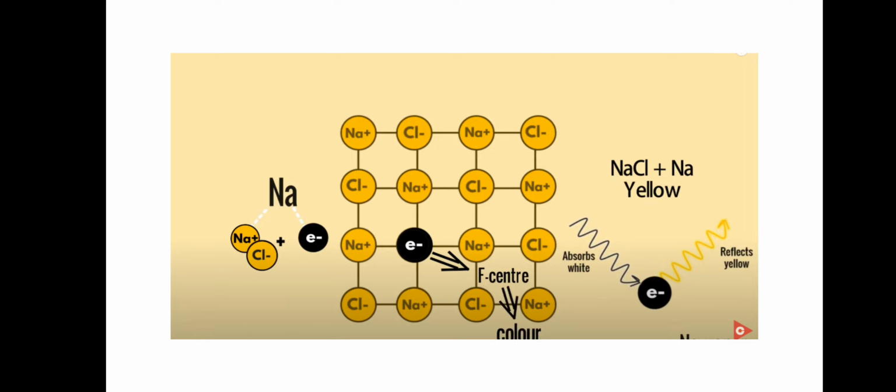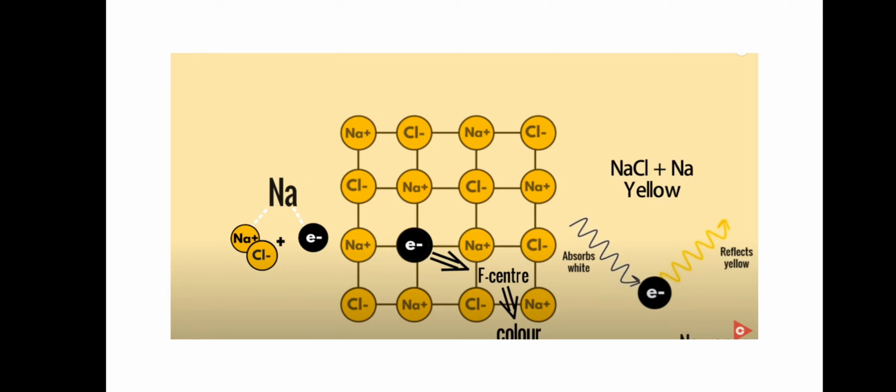For example, when we heat Na, it gives Na+ and Cl- plus an electron. As Na loses an electron, it becomes Na+. So Na+ and Cl- will combine, but the electron which is there will occupy the anionic site. The electron first absorbs white light and then reflects yellow light, and so we get a yellow color for NaCl when we heat it.